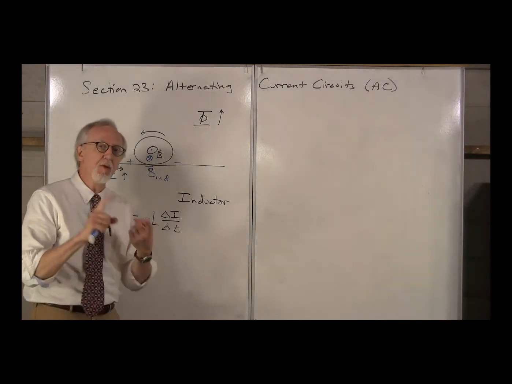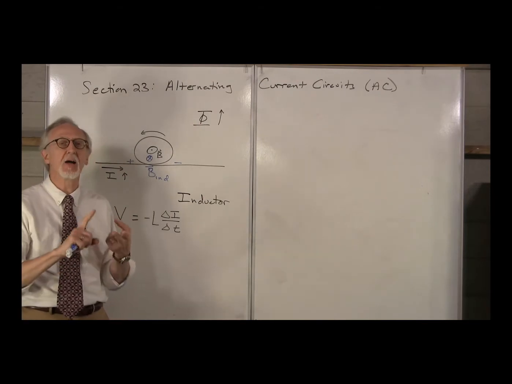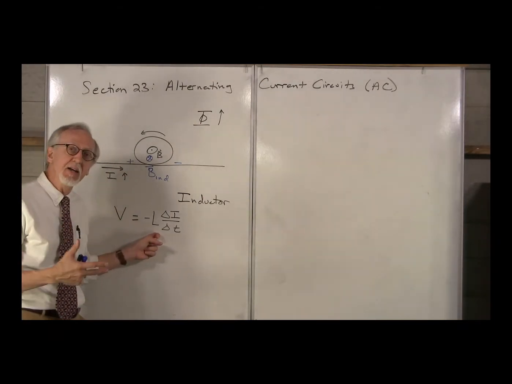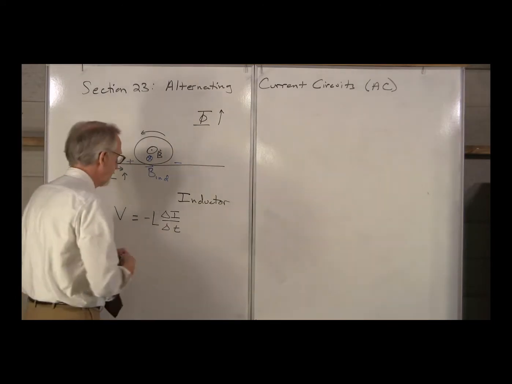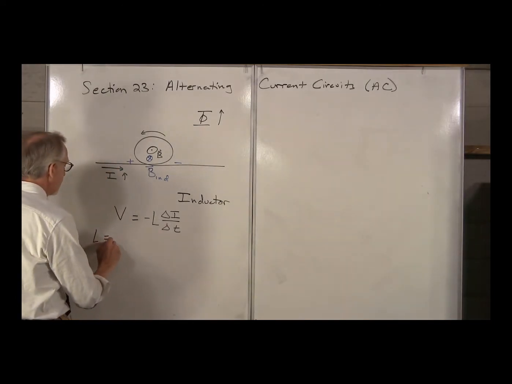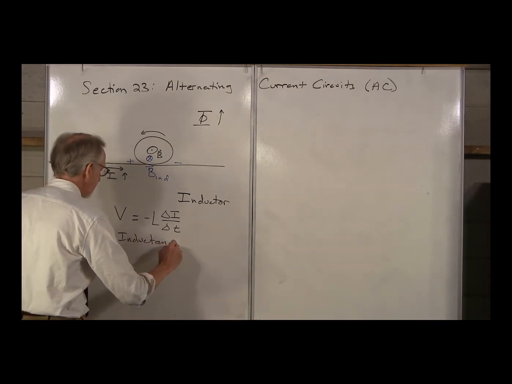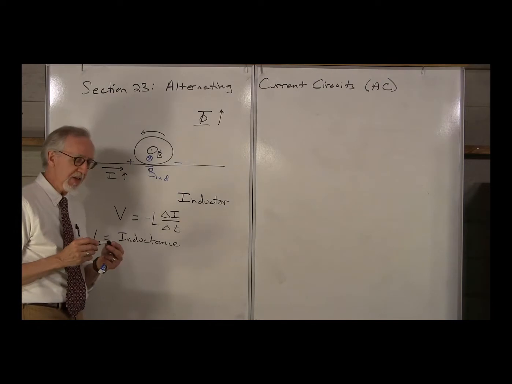Just like we have a resistance for a resistor, a capacitance for a capacitor, L is what we call the inductance of the inductor. So L is called the inductance.